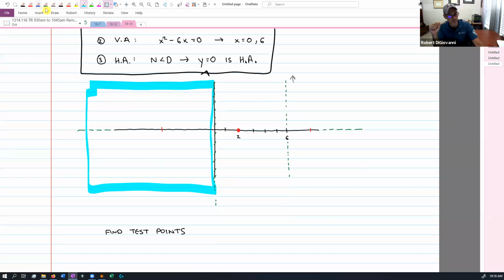And that test point would be what? Anything over here. So someone want to give me anything over here? -1. -1. What else would work? -6. -6. What else? Right. It's up to you. Just as long as it's to the left of this dotted line, that's enough.